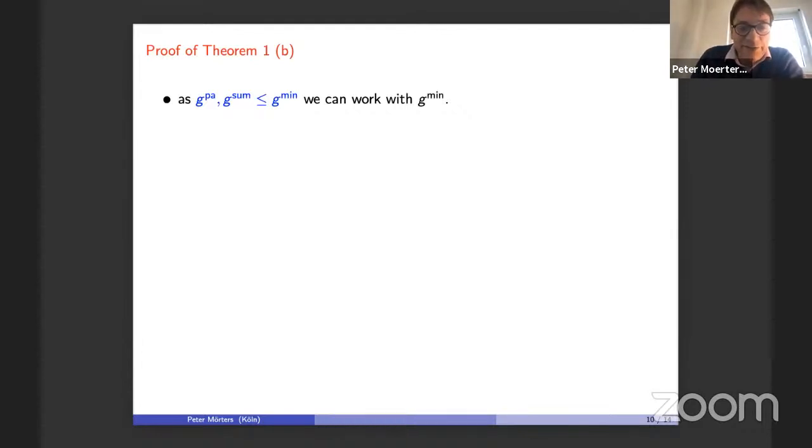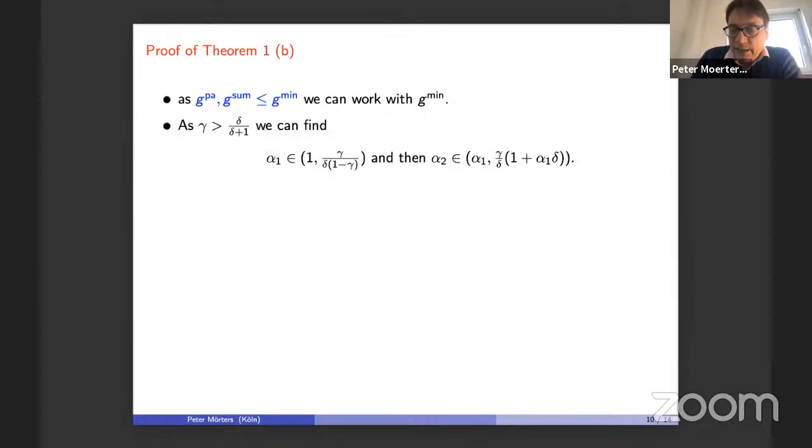And few edges make it difficult to have connectivity for all beta. So it's enough to work with G-min, and one of the results, of course, is that this holds for general kernels G that are less or equal to a constant times the G-min kernel. G-min is the kernel beta inverse times the minimum of S and T to the gamma.